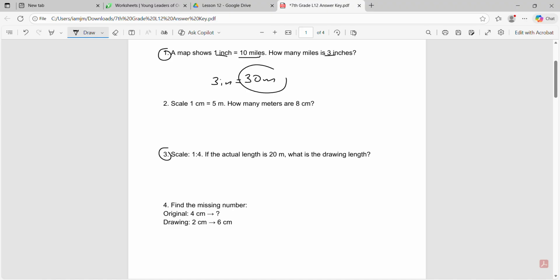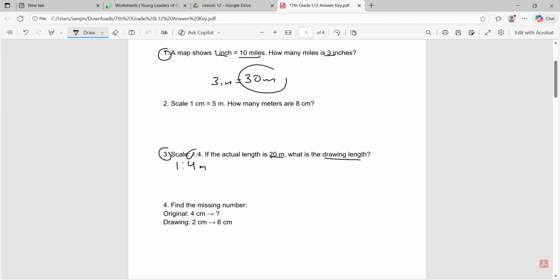Scale 1 to 4. If the actual length is 20 meters, what is the drawing length? So the 1 is referring to the drawing length. So on paper, 1 meter on paper is equal to the 4 meters in actual real life.